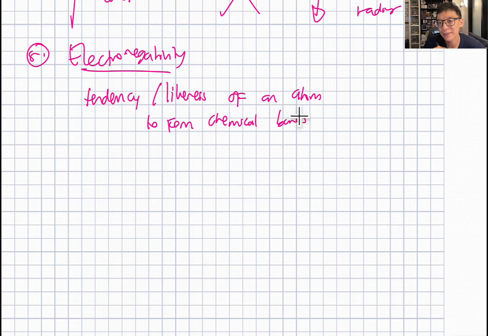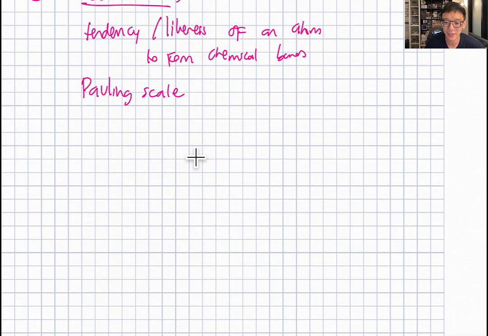Well, they have created a scale for this, called the Pauling scale. The most electronegative element is located in group 17, so it's actually F with a scale of 4.0.